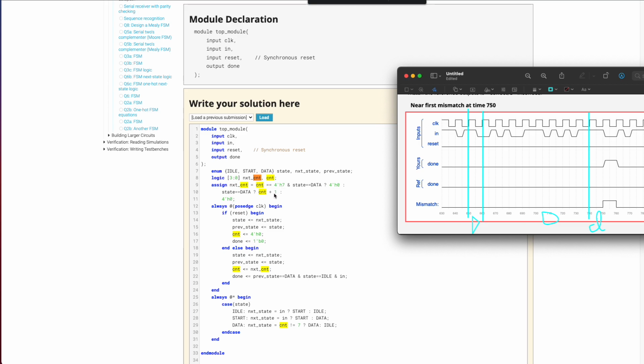But to get to 7, this is the only way, which means my state is data. So if I'm at data, then count is 7, count is 6, count is 5, count is 4, count is 3, count is 2, count is 1. Count is 0.